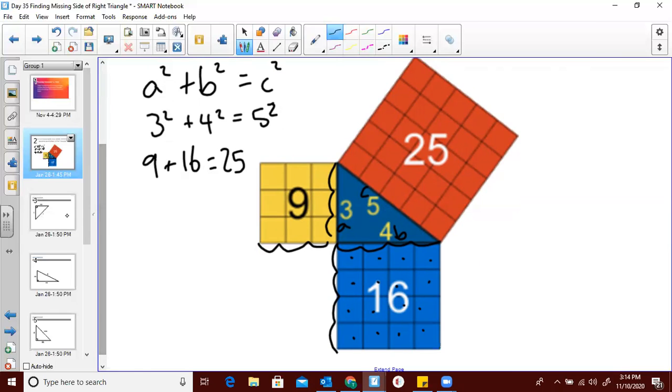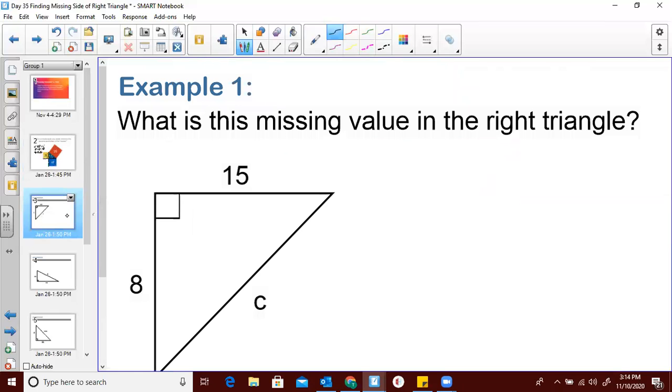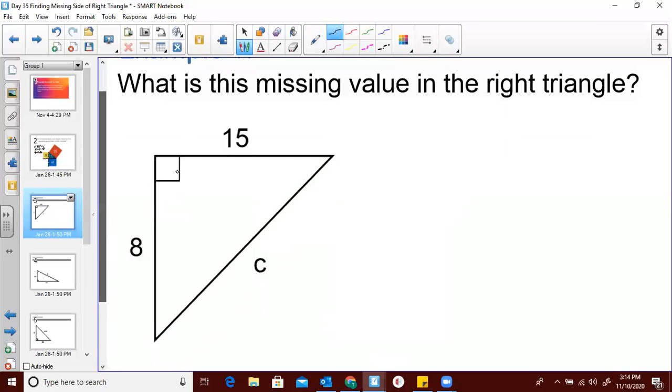But let's get into what we're really talking about today, and that is finding a missing side. I said it last class, one of the biggest things, at least to get us started, is to be able to find the hypotenuse. If we're looking for the hypotenuse, I mentioned very quickly that it's always going to be opposite of the right angle.